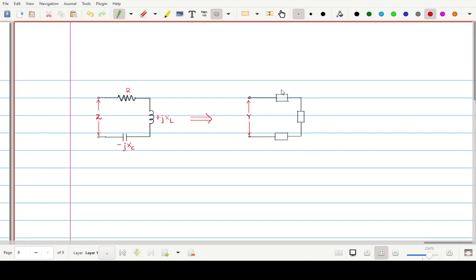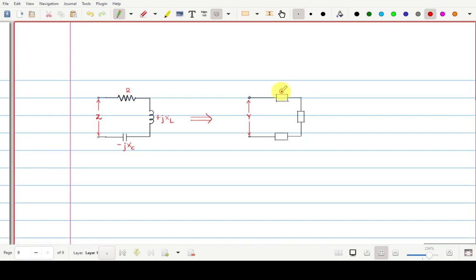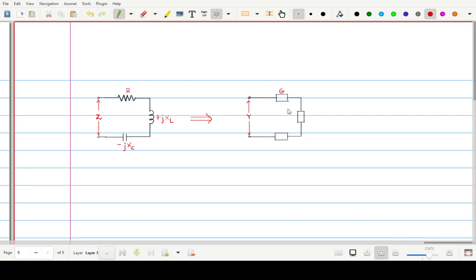Now here we are having R, so R will be converted into conductance. Resistance is converted into conductance. Now inductive reactance is converted into inductive susceptance. So this will be JB, but reactance is positive, susceptance is opposite, means for positive reactance you will get negative susceptance.